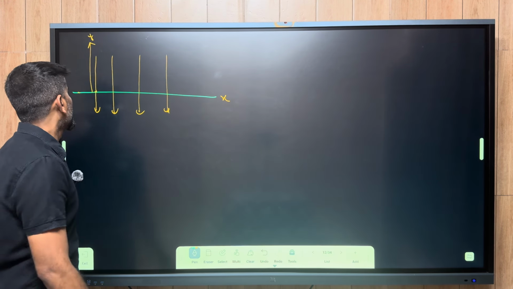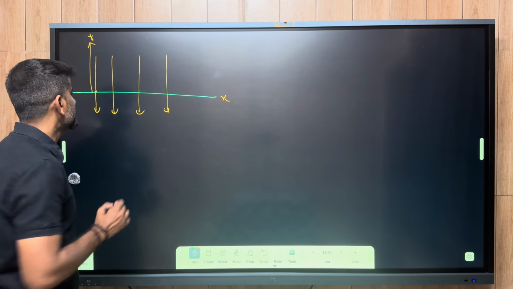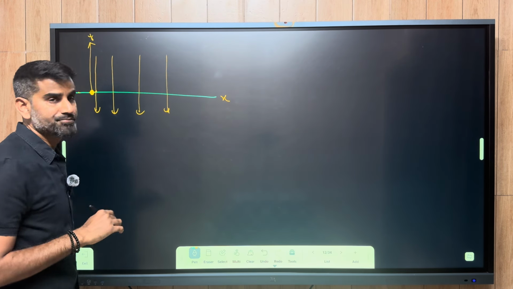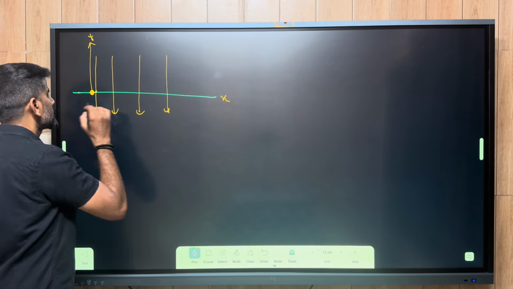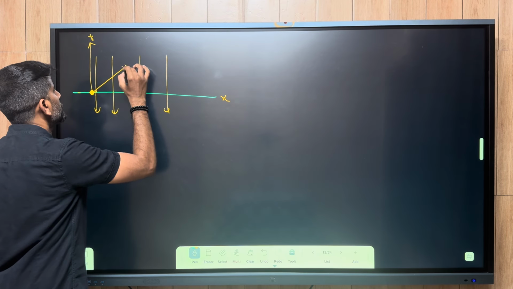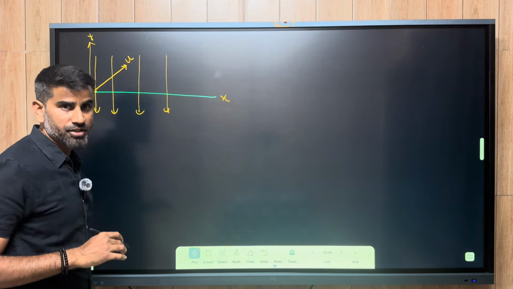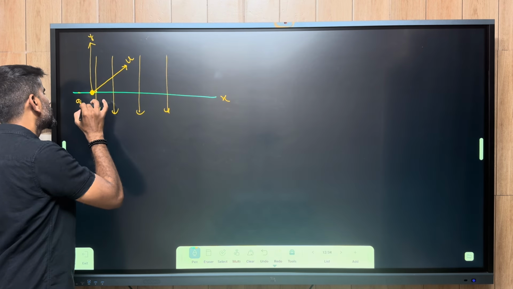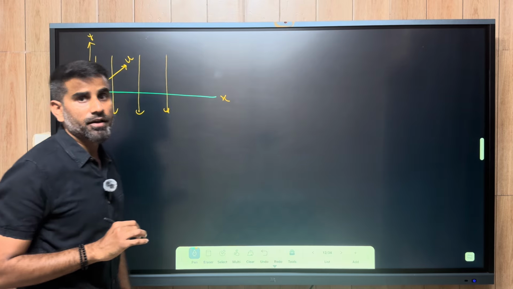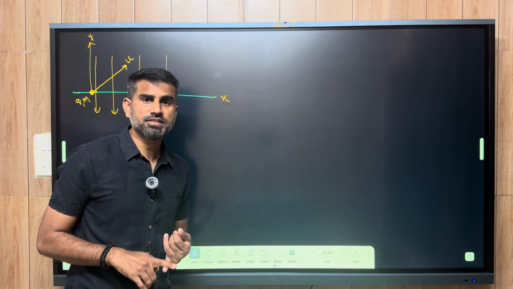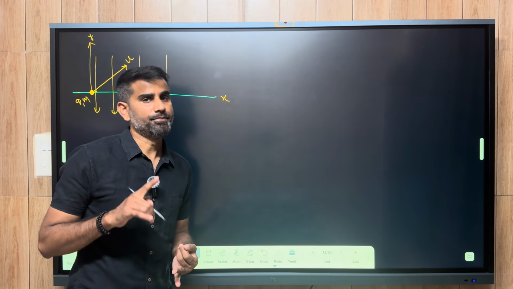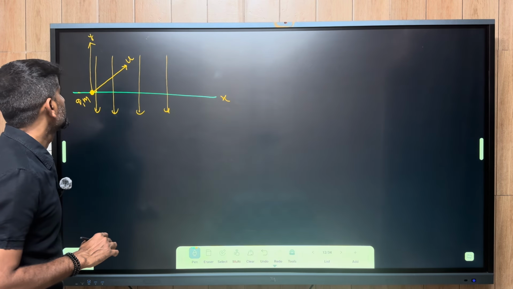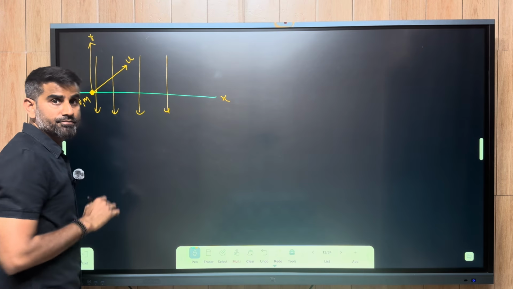Right now I'm going to take one charged particle. I'm going to project this charged particle with an initial velocity u. The charged particle's charge is q, mass is m. Then what happens as it moves in the field?